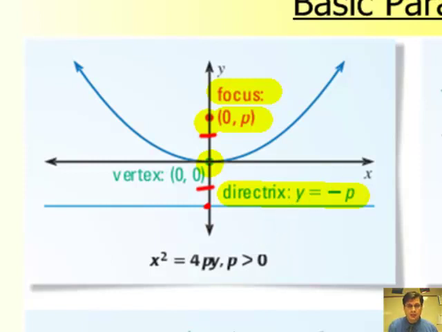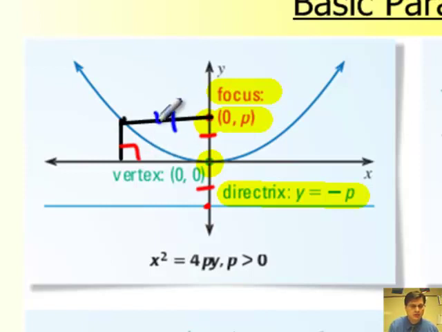An interesting thing about the focus, and a very useful point, is that if you take any point on the parabola, any point whatsoever, and draw a line from that point to the focus, and then from that point perpendicular to the directrix, even though my graph's a little distorted, those distances are going to be congruent.